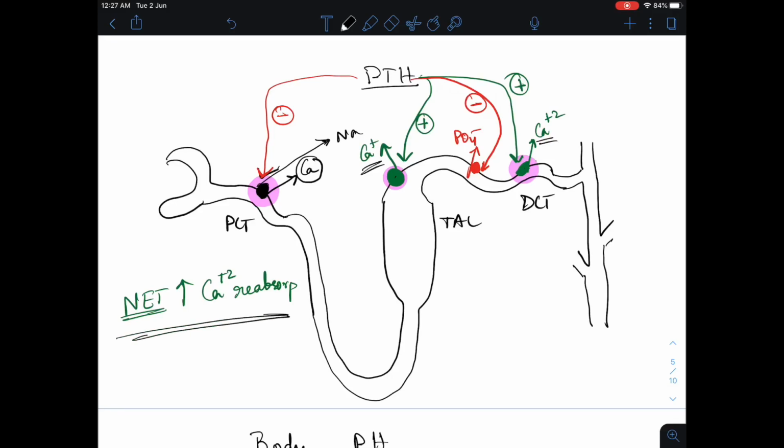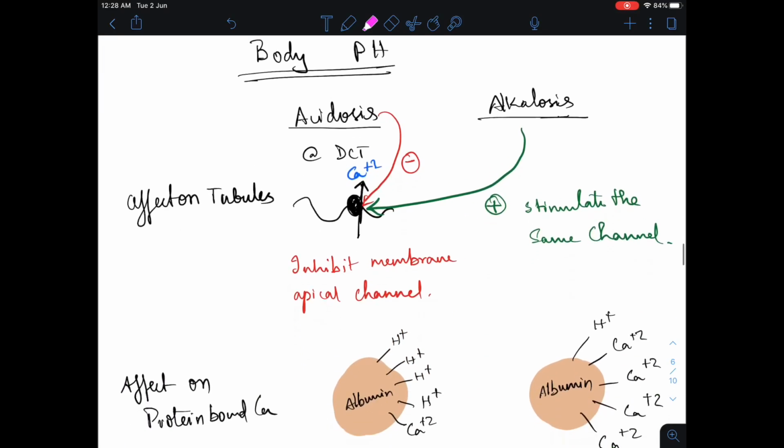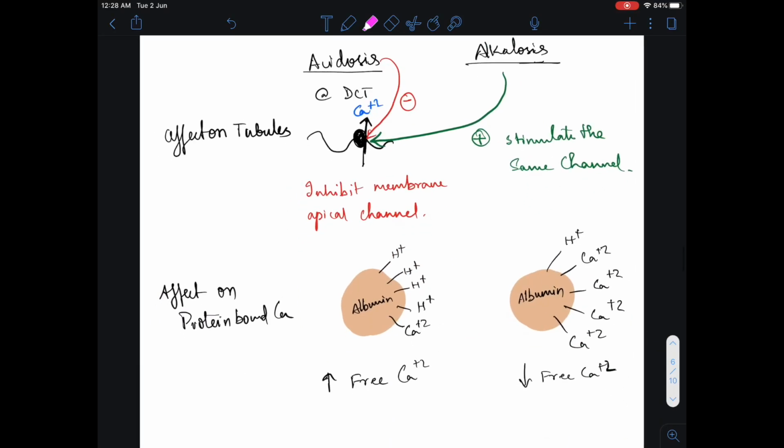Added to that, it also inhibits the reabsorption of phosphate, which is very important. That is why with increased PTH there is more ionic calcium and low phosphate. Okay, and what is the effect of body pH on calcium?